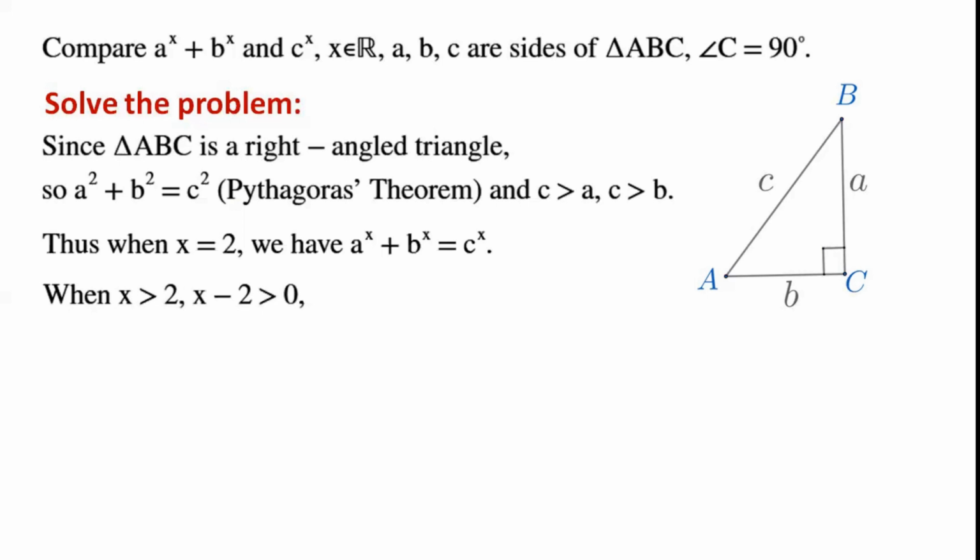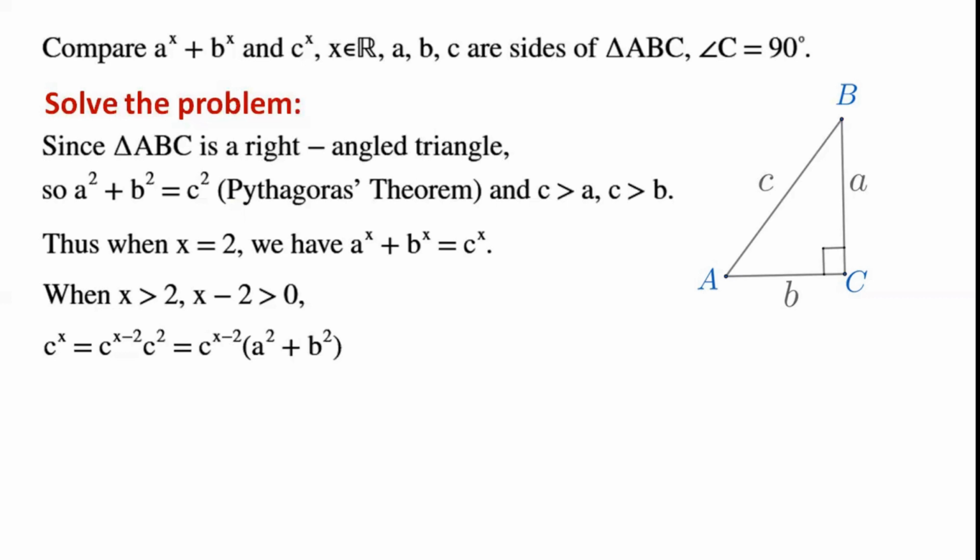When x is greater than 2, that is, x minus 2 is greater than 0, c to the power of x can be written as c to the power of x minus 2 times c squared.